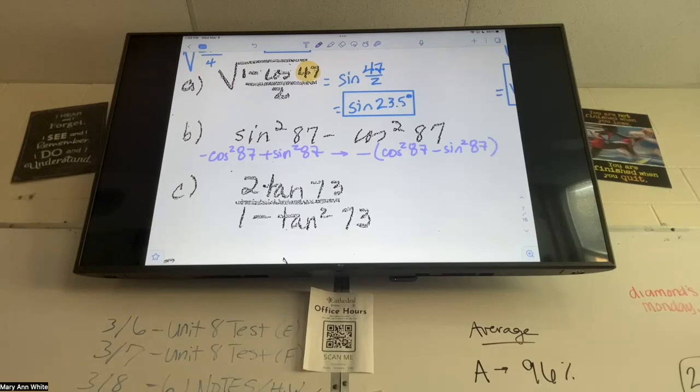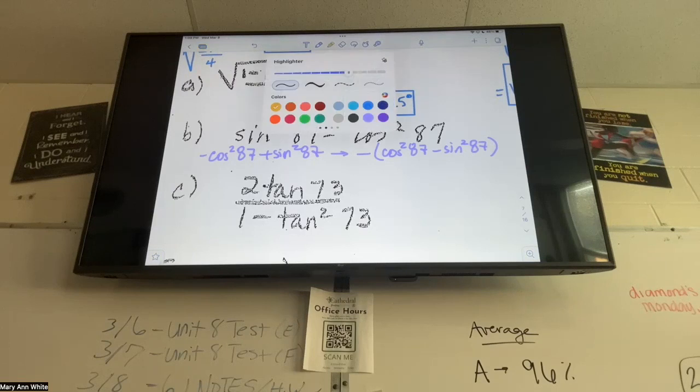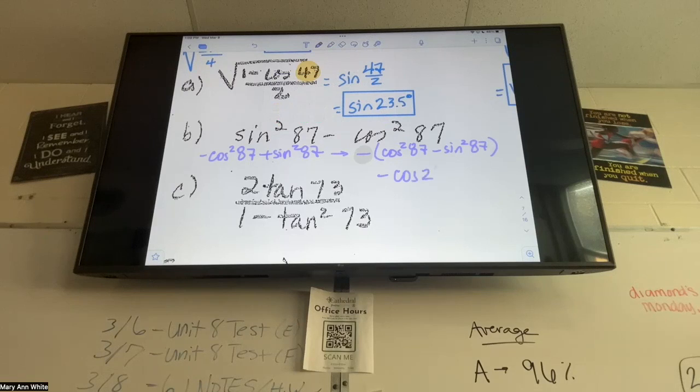Once I do that, now it looks like a cosine double angle. So this is now the same thing as negative cosine of 2 times 87.